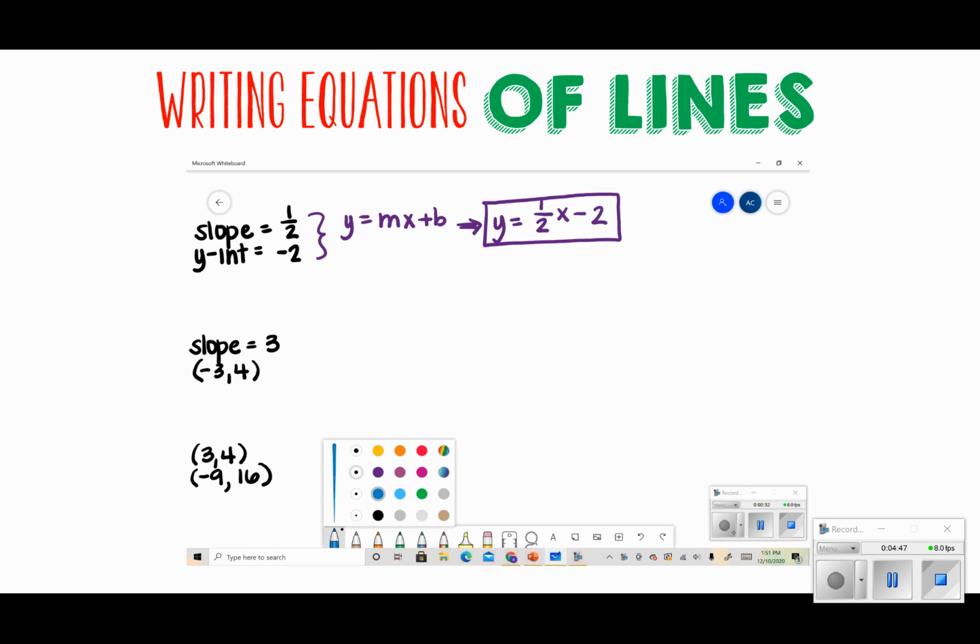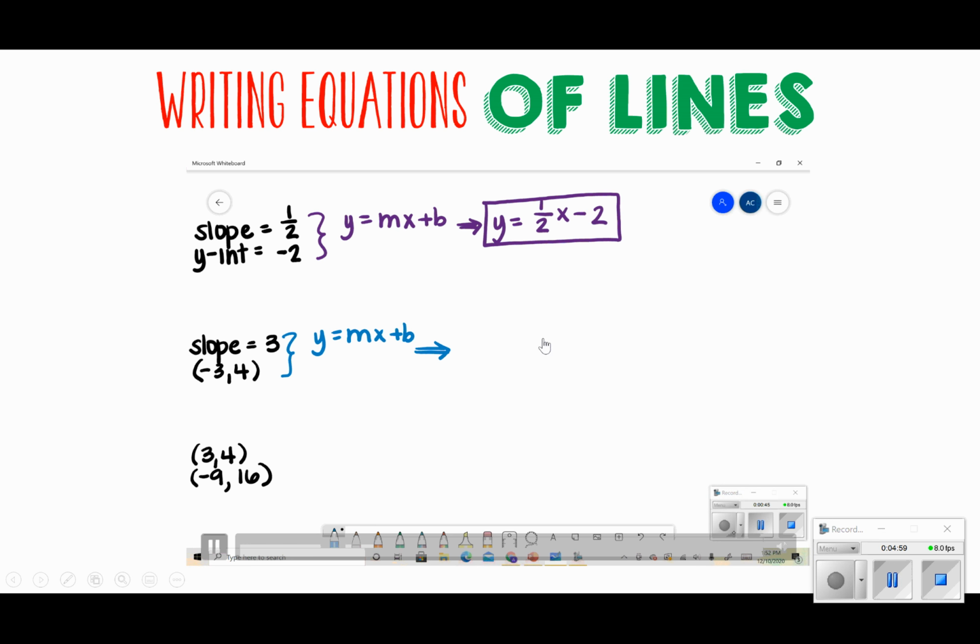What happens when I'm given a point and a slope? Again, remember, y equals mx plus b. Now this time, we know our slope, so I know that's going to go in there, but I don't know my y-intercept. But what you do know is you do have a y value and you do have an x value. x, y.